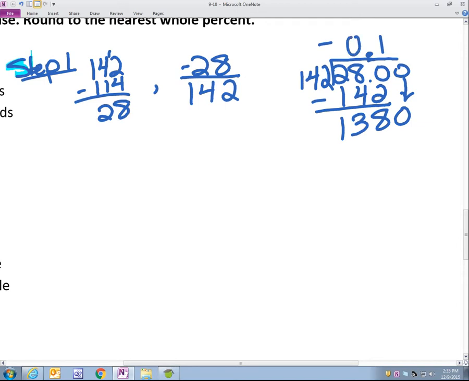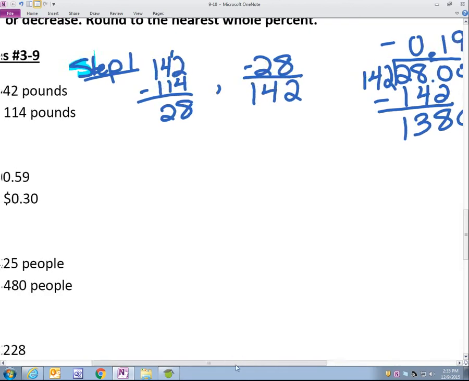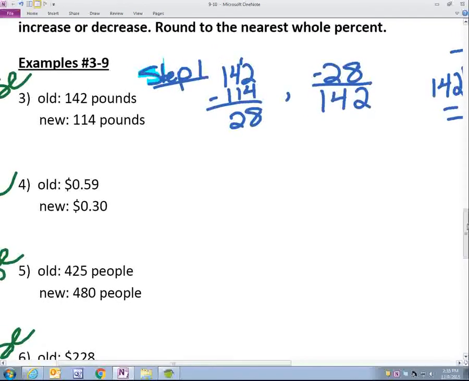So we have 1,380. We have to think here now. Let's think logic. If I multiplied 142 by 10, I would have 1,420. That is just barely above what we need, isn't it? So it's 9. Beautiful. And here's another important part right here. Look what it says right at the top of your screen.